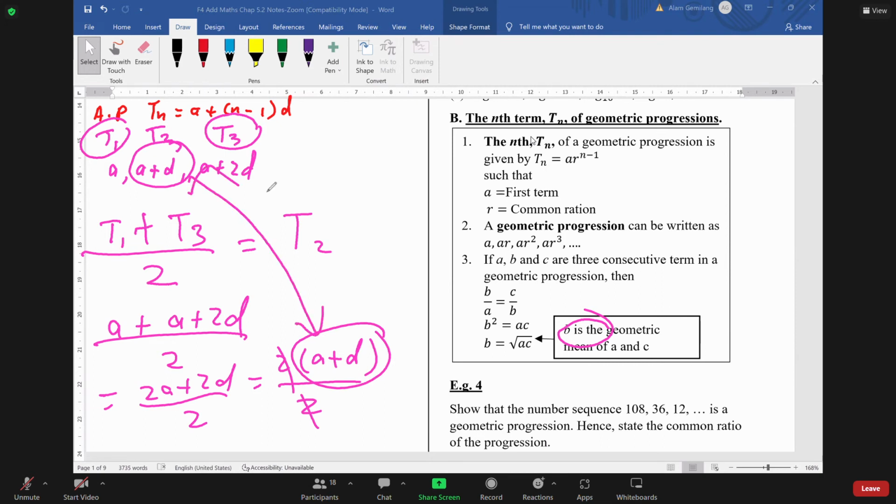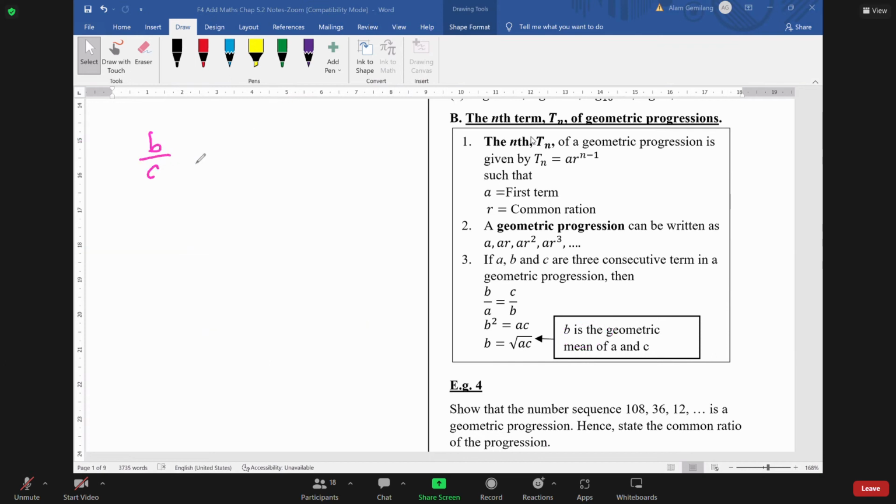Okay. So for this geometry, if A, B, C are three consecutive terms, then B over A must equal C over B, right? If we cross multiply, it becomes B squared equals AC. So B must equal what? The square root of AC.